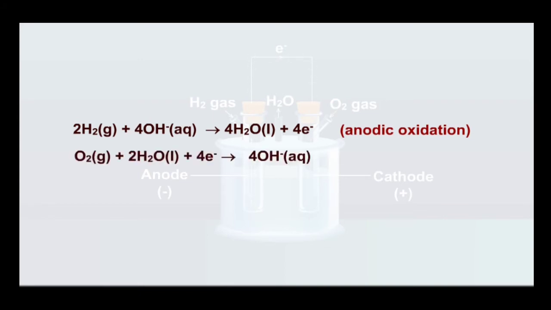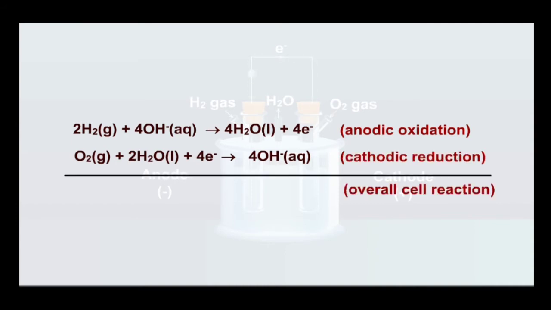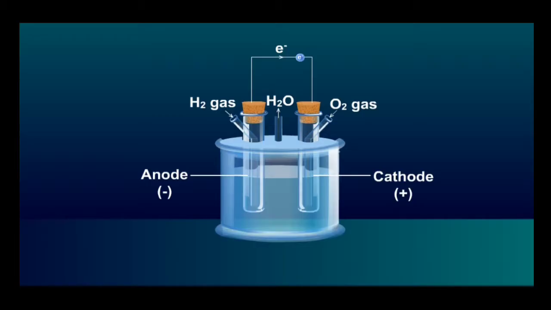O2(g) + 2H2O(l) + 4e⁻ → 4OH⁻(aq), cathodic reduction. So the overall cell reaction is 2H2(g) + O2(g) → 2H2O(l). The overall cell reaction is the combustion of hydrogen.